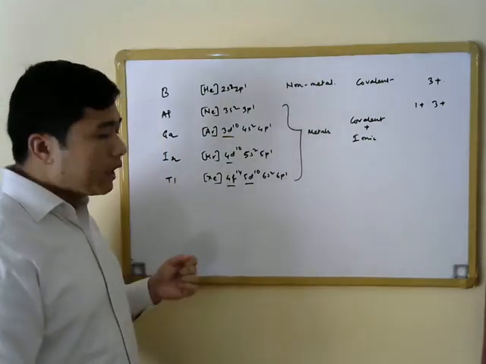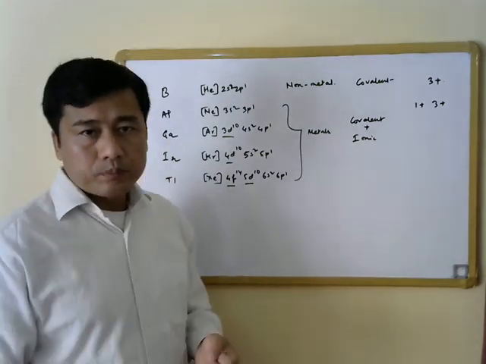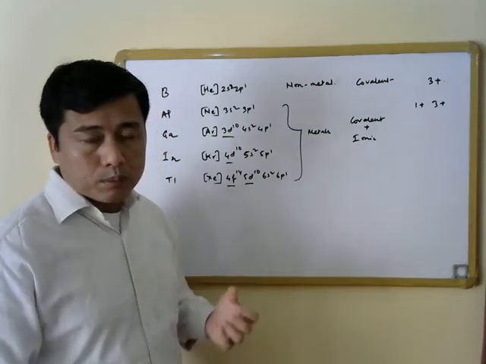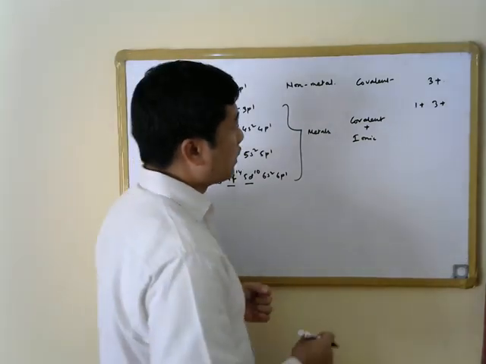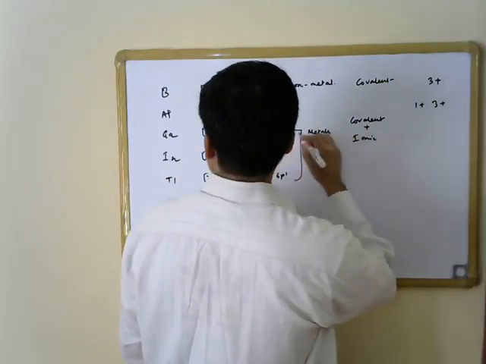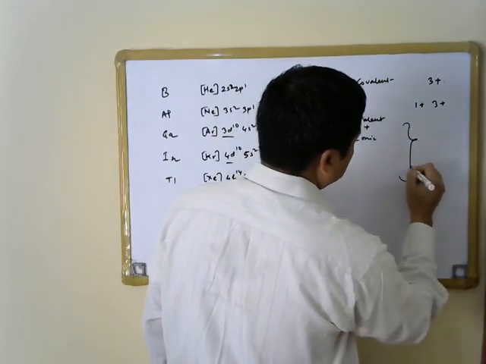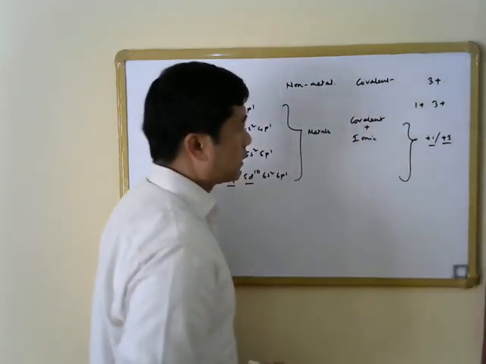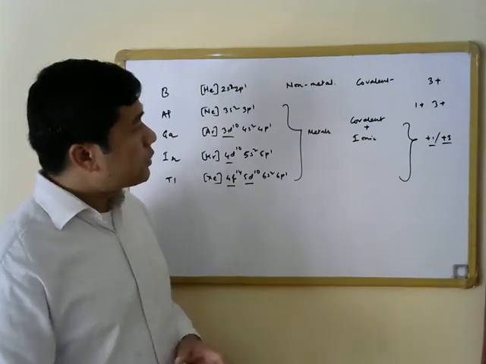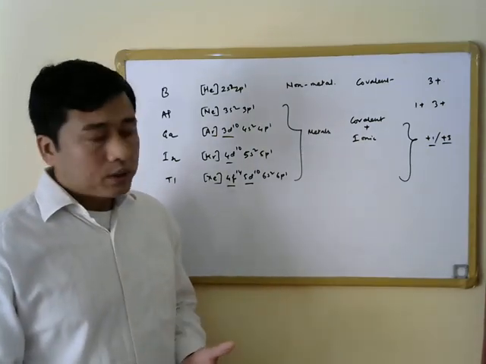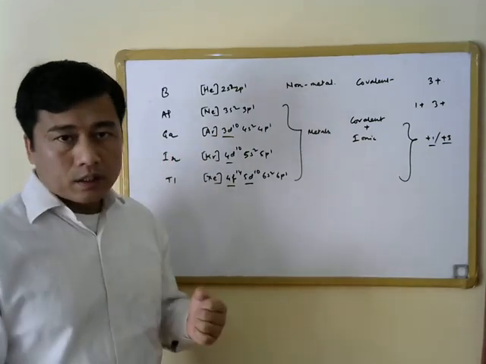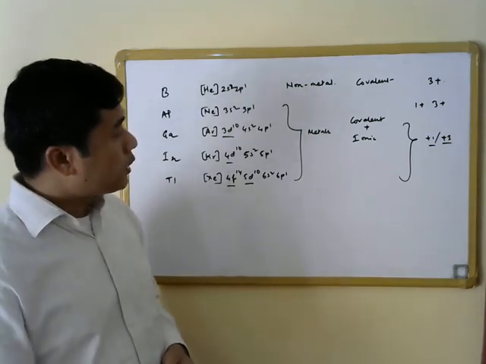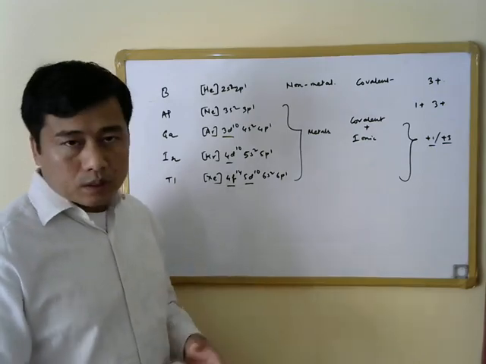But for gallium, indium, and thallium, one can obtain both +1 as well as +3 oxidation states, and both are quite stable and common. So this difference in oxidation states of lighter elements in comparison to heavier elements can be explained in terms of inert pair effect.